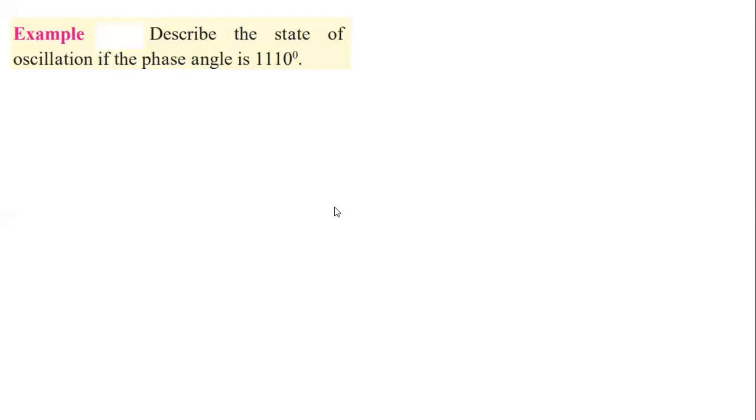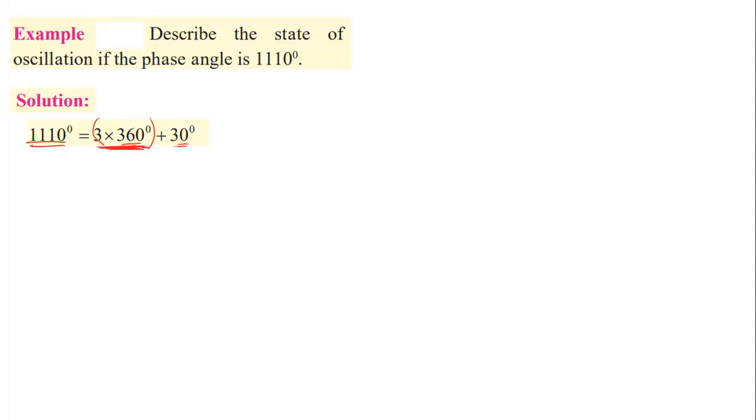Let's see an example based on this. Describe the state of oscillation if the phase angle is 1110 degree. Now let's see the solution. So 1110 we write as a multiple of 360 plus something. So 3 into 360 plus 30 is 1110. It means that there are 3 complete oscillations and then 30.